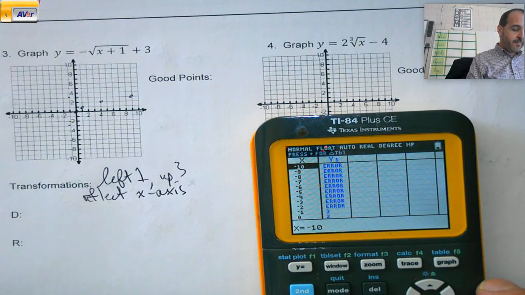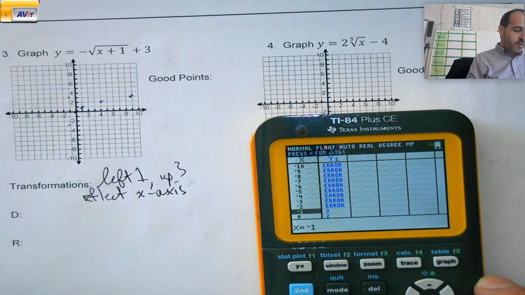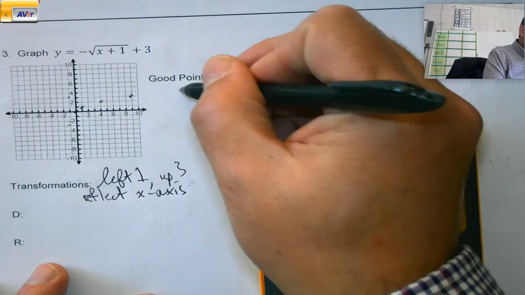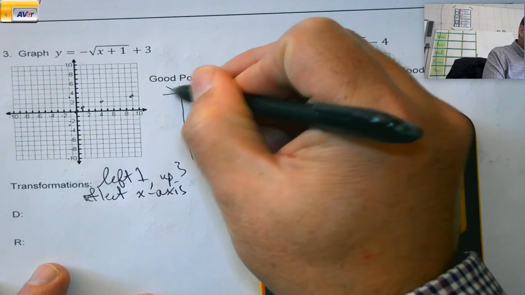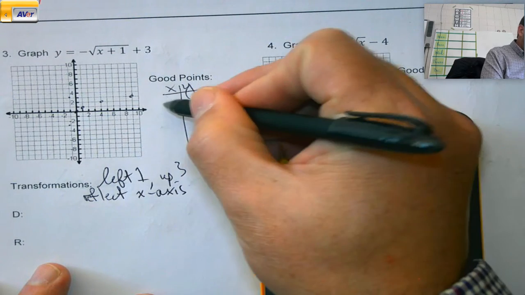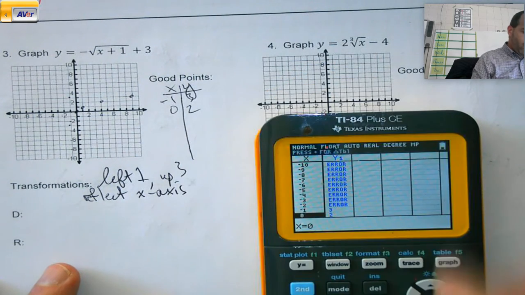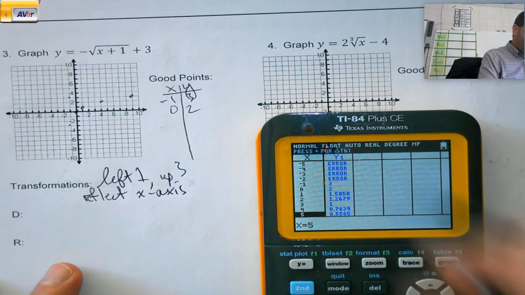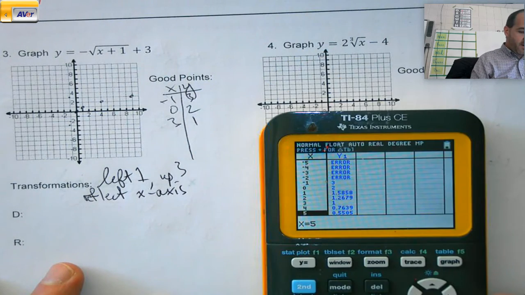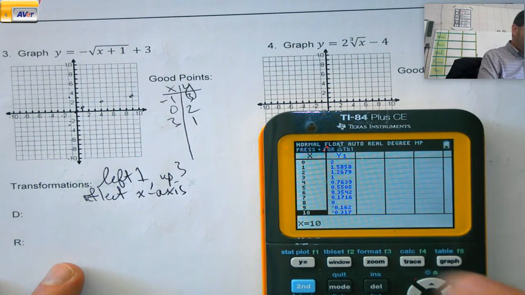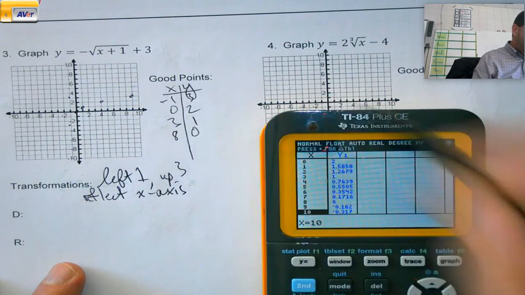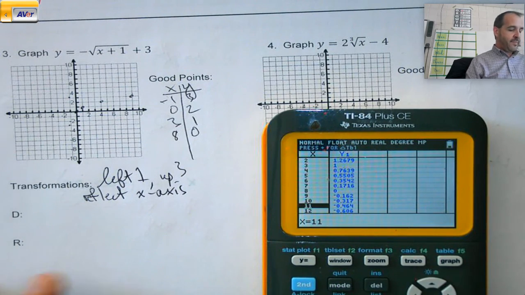So let's look. So I've got -1, 3, 0, 2, 3, 1, 8, 0. Okay, and that keeps us in there.